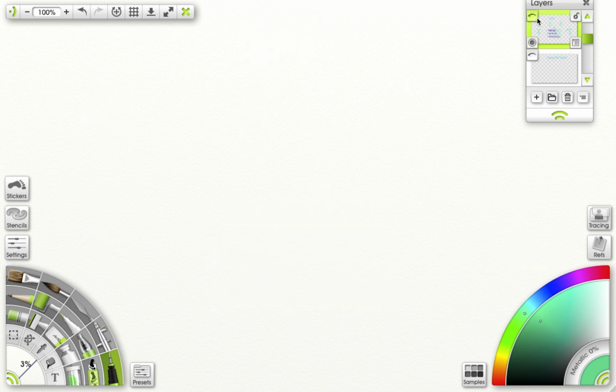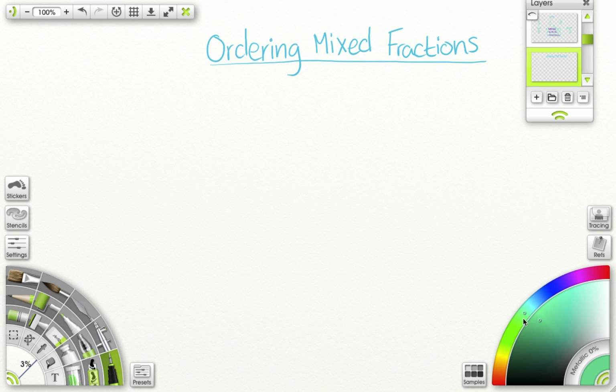Now let's talk a little bit more about mixed fractions. So mixed fractions are when we have a whole number and a fraction right beside it. So that whole number means that there's already one whole, and then this here is part of a whole. So if a recipe calls for 1 1/3 cups of flour, it's asking for 1 whole cup of flour.